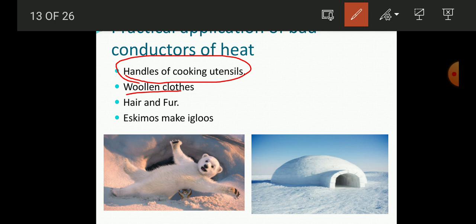Then we have Eskimos, who make igloos. Eskimos are the people who live in the Arctic or Antarctic region, in areas like Siberia, Sweden and Norway. People living in very cold climates are known as Eskimos, and they make igloos. An igloo keeps us warm.